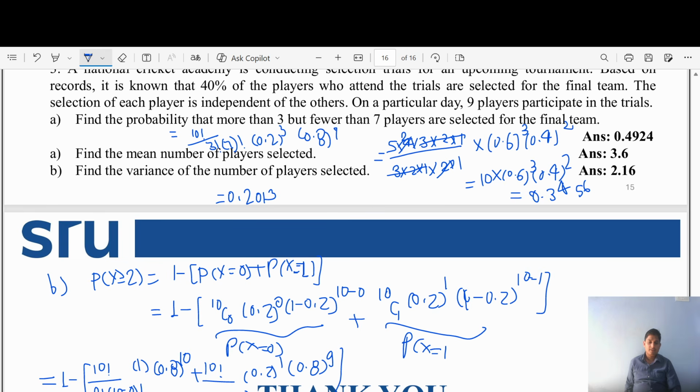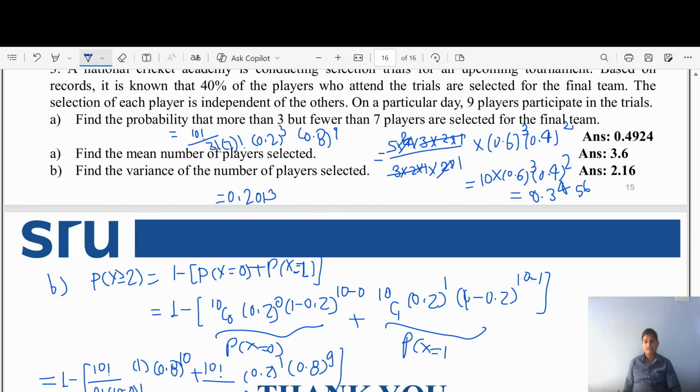If we cancel out, this becomes 10, because 10 times 9 times 8 down to 1 expanded over 9 factorial leaves only 10.